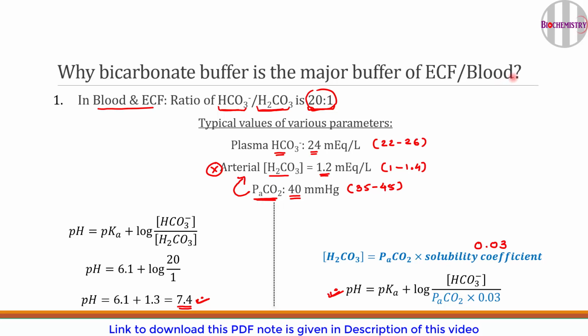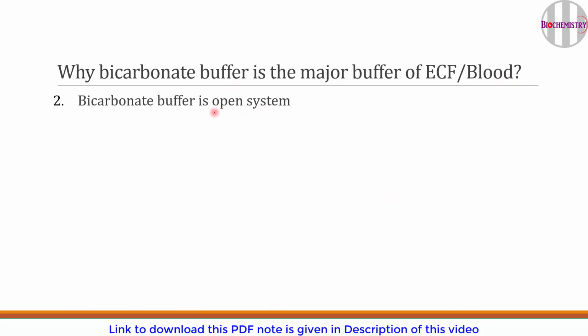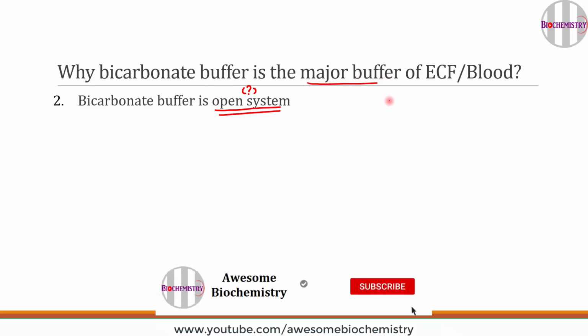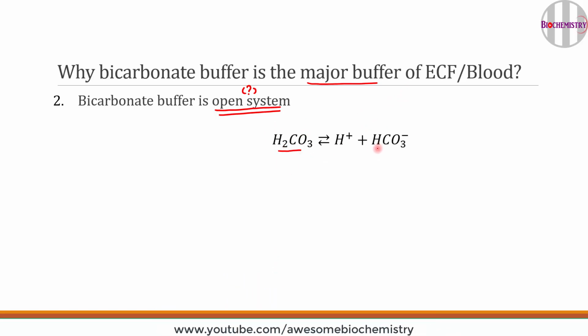blood. The second reason is that the bicarbonate buffer system is an open system. Now, what is the meaning of an open buffer system and why is it a reason for being the major buffer of ECF and blood? See, this is the bicarbonate buffer system where this is the weak acid and this is the conjugate base.